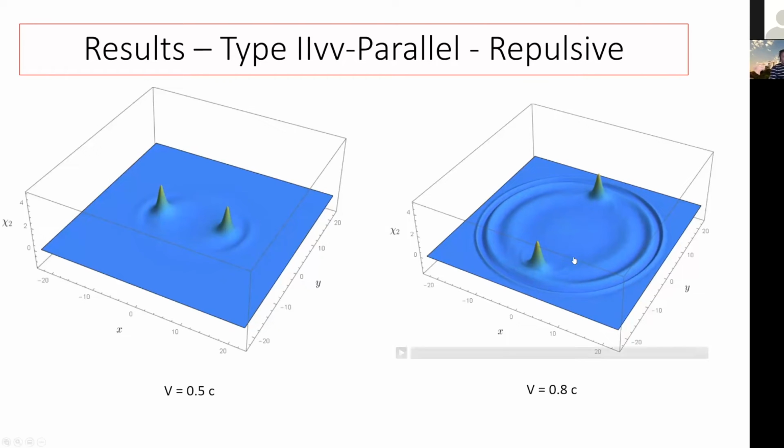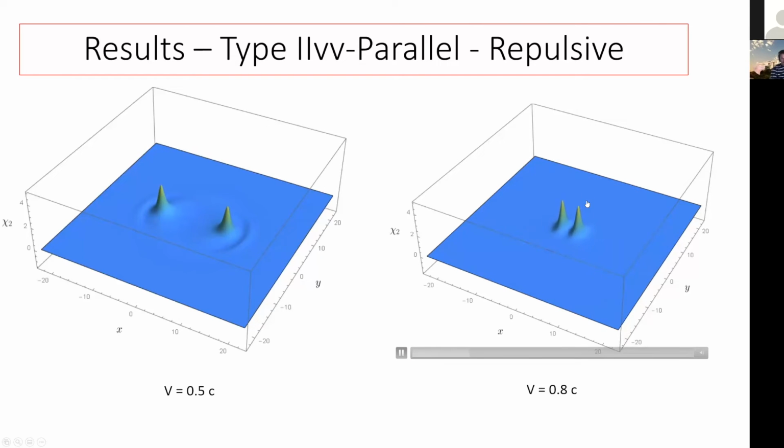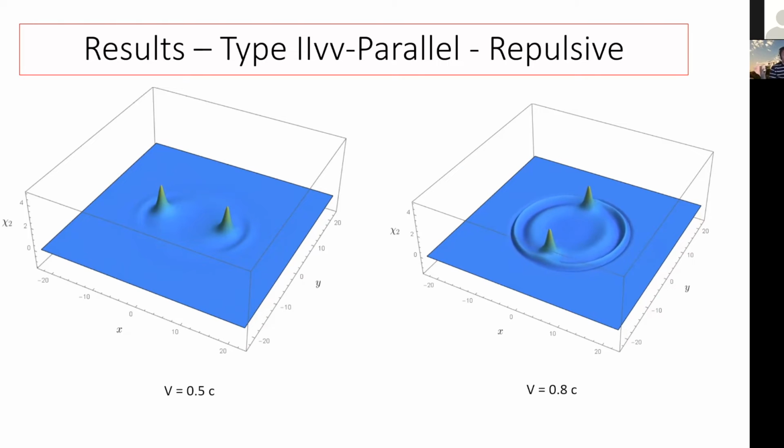For this channel, they find each other, they're parallel, they scatter, and they still are parallel. The vortices have the same orientation going in and going out. Parallelism or orientation seems to be preserved in the scattering.